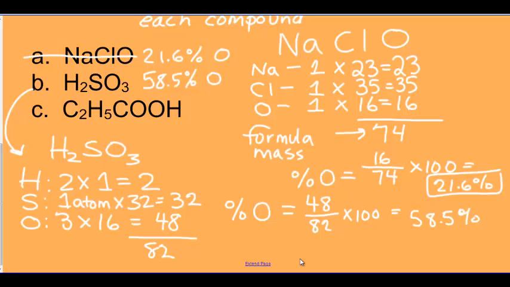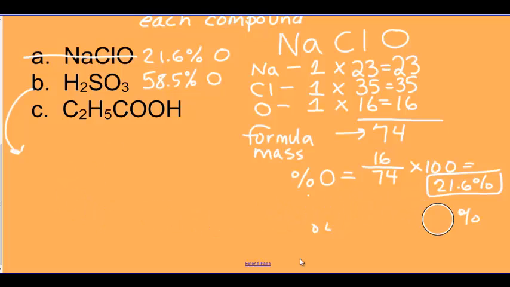And then for letter C, I'm just going to erase this so that we have some space. For letter C, I like to consolidate the formula first, so I think it's easier to write this as C3H6O2. Those are really the same thing.